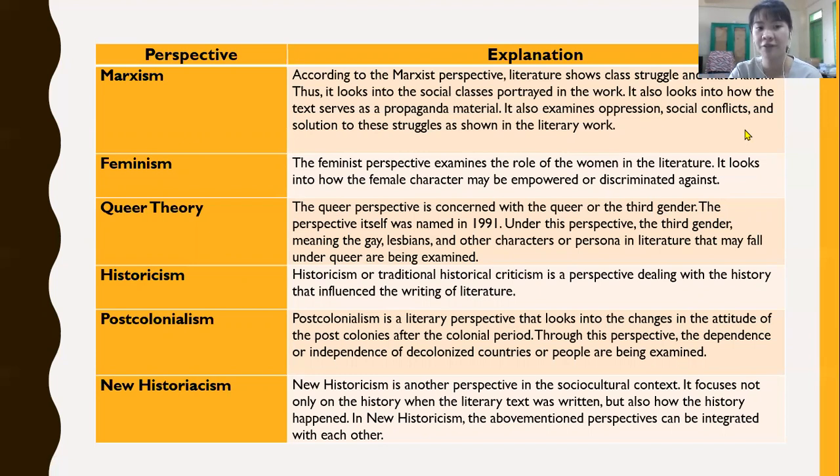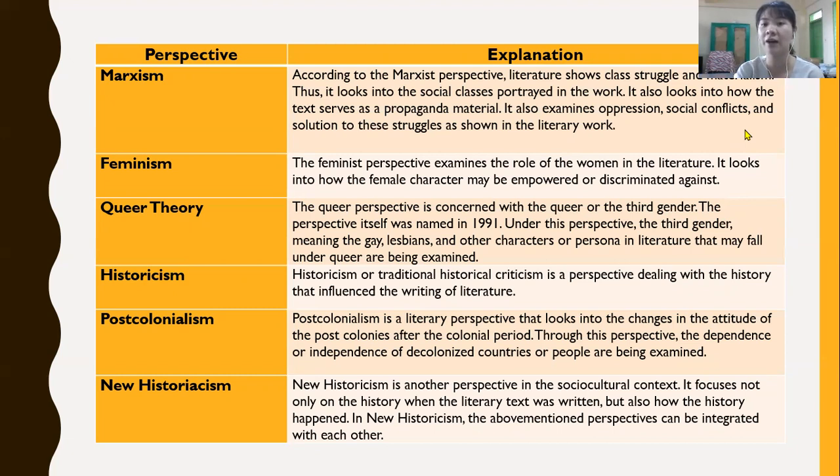Next, we have historicism or traditional historical criticism, a perspective dealing with the history that influenced the writing of literature. Postcolonialism is a literary perspective that looks into the changes in the attitude of post-colonies after the colonial period.